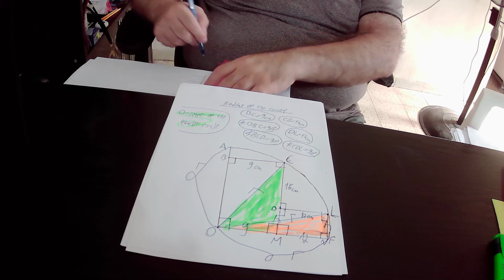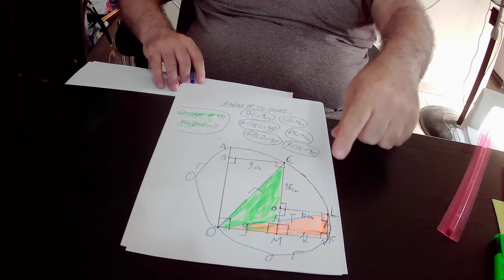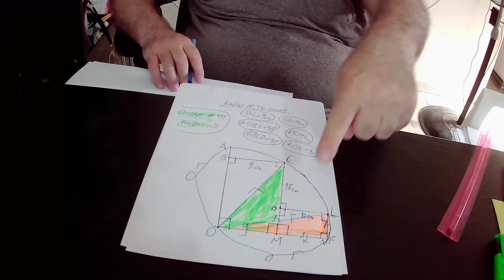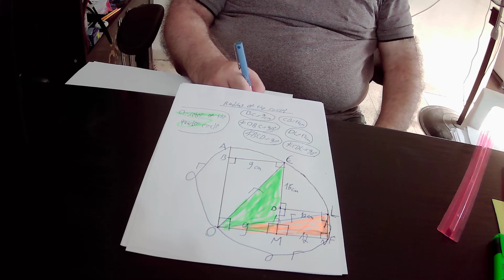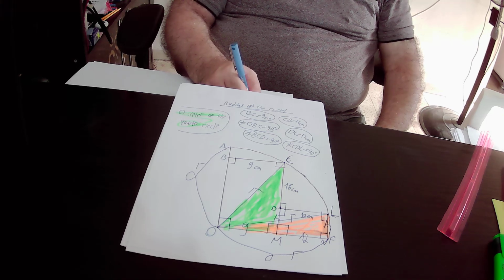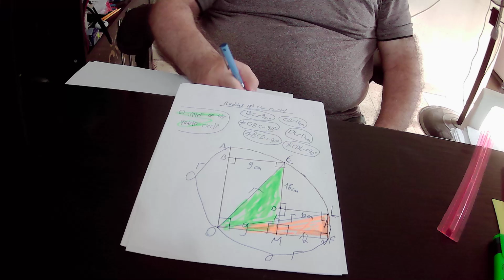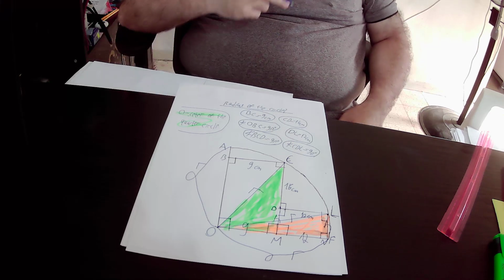The hypotenuse here is LO, therefore the square of the hypotenuse is LO square. And it must be equal to the sum of the squares of the perpendiculars.